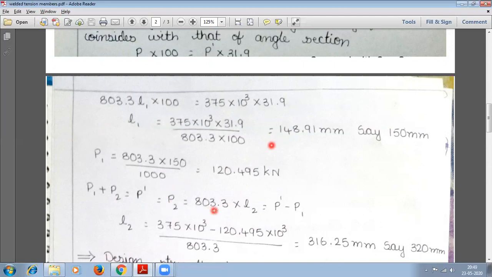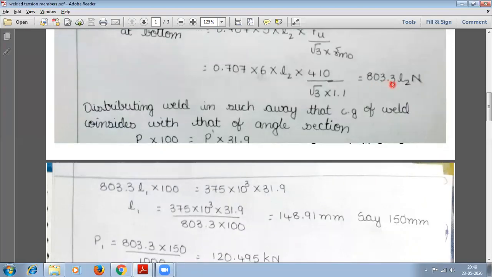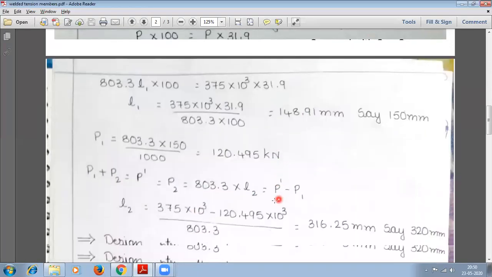Okay, so now we will equate this. P dash is equal to P1 plus P2, so if you move P1 to that side, P2 becomes P dash minus P1. So what is P2? P2 is equal to 803.3 L2. Right, write it down.